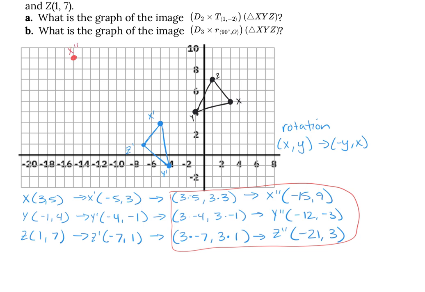Negative 12, negative 3 is y prime prime. Negative 21, 3 is z prime prime. Okay, so there is my transformation for part B.